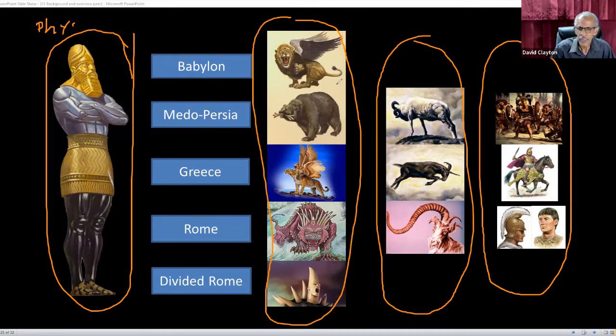But I'm wondering if it is said that a man's heart is given to this lion because the king of Babylon, Nebuchadnezzar, actually became a follower of God.